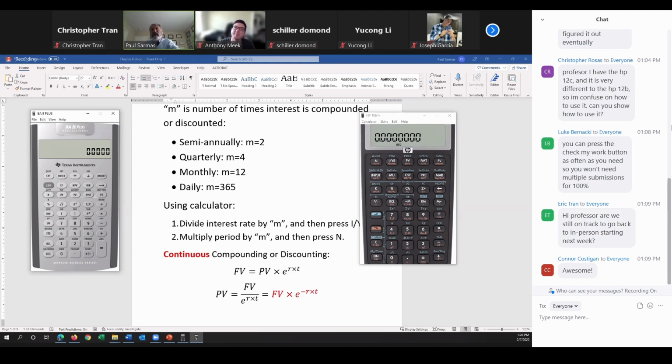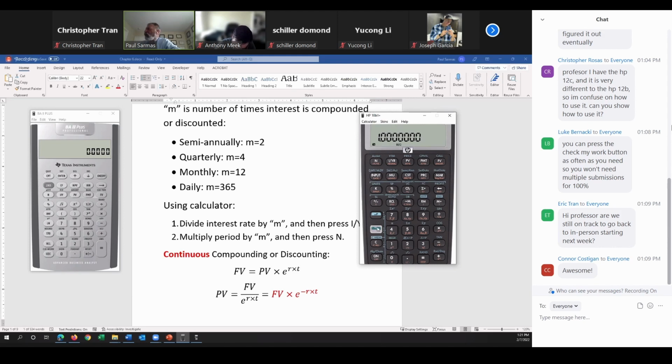If you're doing future value, this is what you do. Take R times T, 10% times 10 years, equals, and you use the exponential value, e to the x. If you look very carefully on your HP calculator, that is key 1.